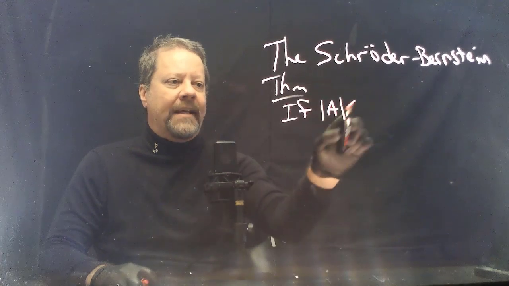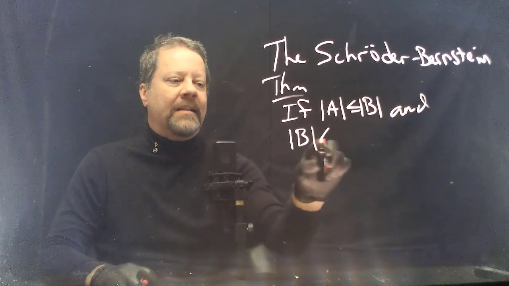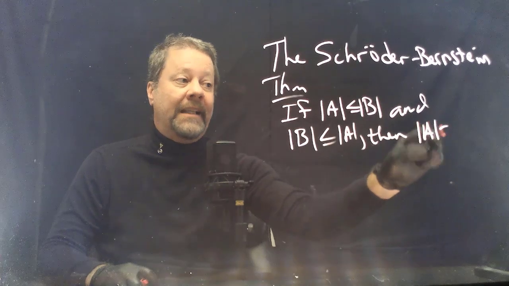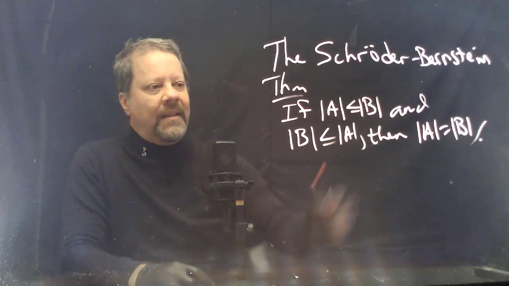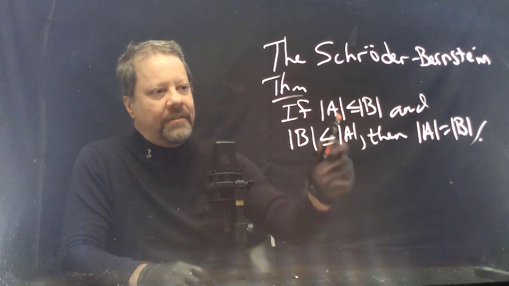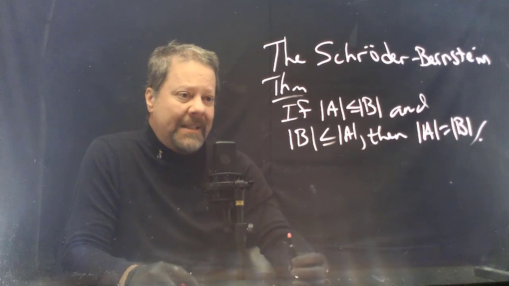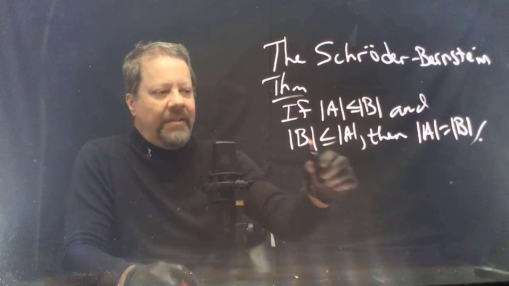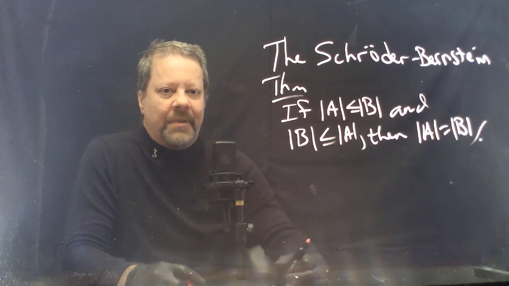If the cardinality of A is less than or equal to B's cardinality, and the cardinality of B is less than or equal to the cardinality of A, then the cardinality of A will equal the cardinality of B. What this comes down to is that the cardinality of A being less than or equal to the cardinality of B means that there's an injection from A into B. And the cardinality of B being less than or equal to the cardinality of A means that there's an injection from B into A. From this, it will follow that there is a bijection between A and B, so they have the same cardinality.